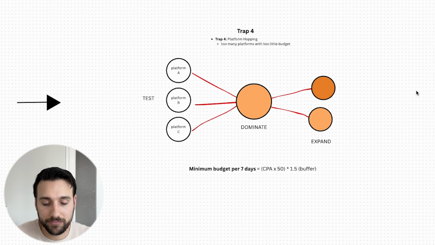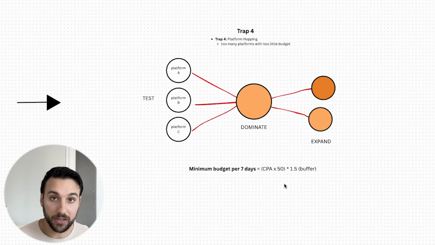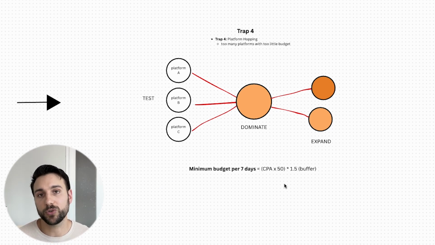If you're wondering how much budget you need to run on each platform, generally what is recommended is per 7 days, taking your cost per result, multiplying it by 50, because on Meta, most of the algorithms for social platforms need about 50 conversions within a 7-day period to be properly out of their learning phase and properly optimizing.